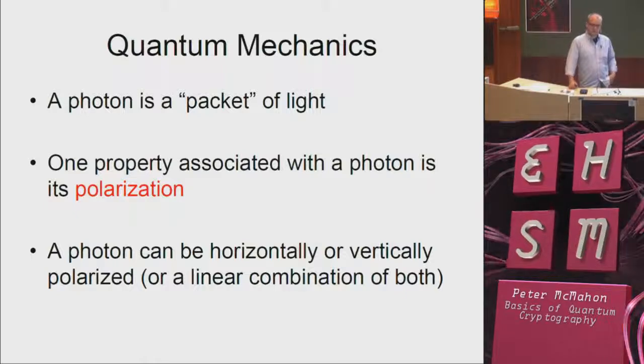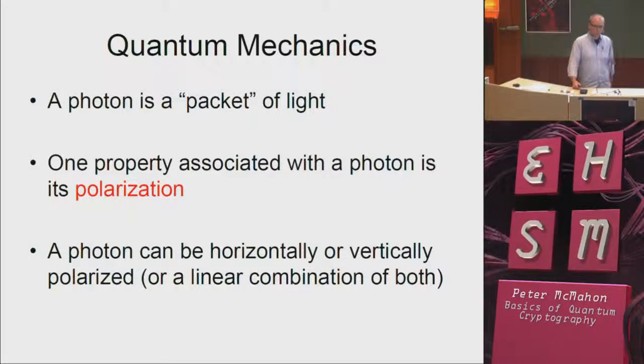So first of all, for the rest of the talk, I'm going to talk basically about photons. Most of you know that a photon you can basically think of as a packet of light, a discrete blob of light. And one property associated with photons is polarization.